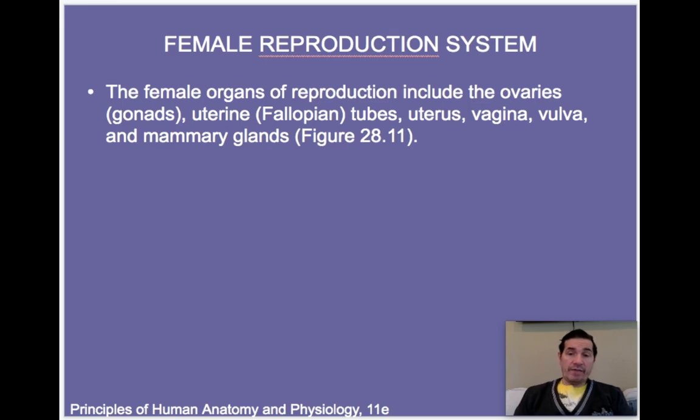So you have that connection. And then, in addition to that, the female reproductive system also has the mammary glands as part of it because they produce the milk for the infant if there is a fertilization process. So I want you to realize that.